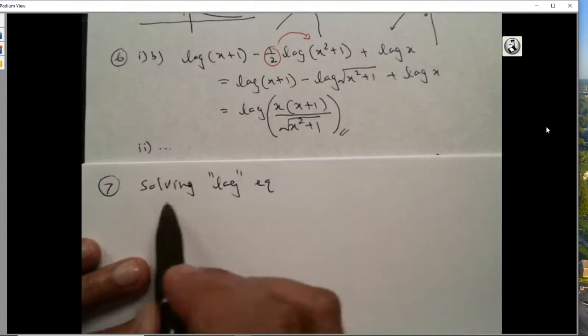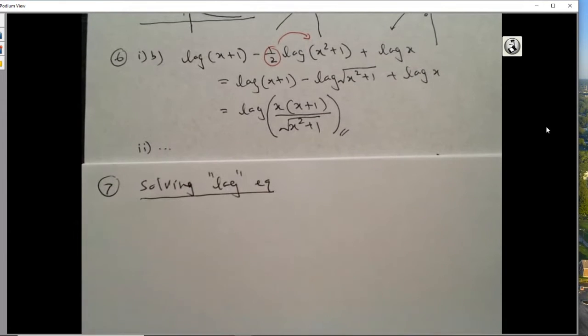Solving the log equations. Again, when you talk about solving log equations, there are 4 different types. There are equations with 1 log term. There are equations with 2 log terms. There are equations with different bases and the same base. And if you look at the video, you can see that I have divided that into all those 4 different types so that it is easy for you to understand.